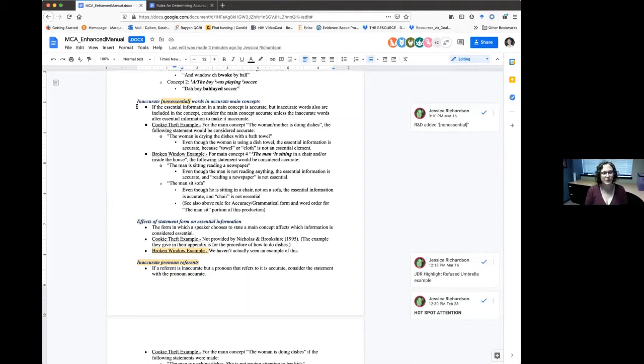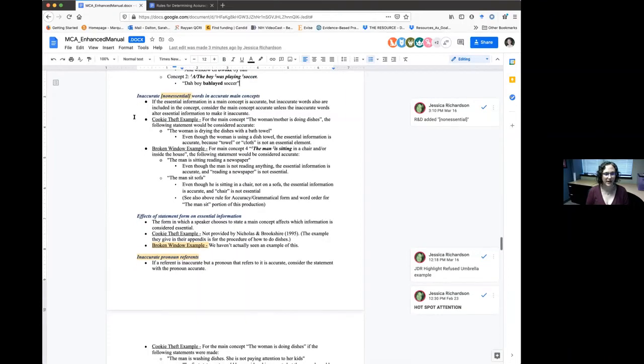So Nicholas and Brookshire said that if the essential information in a main concept is accurate, but inaccurate words are also included in the concept, we should consider the main concept to be accurate, unless the inaccurate words alter some essential information.